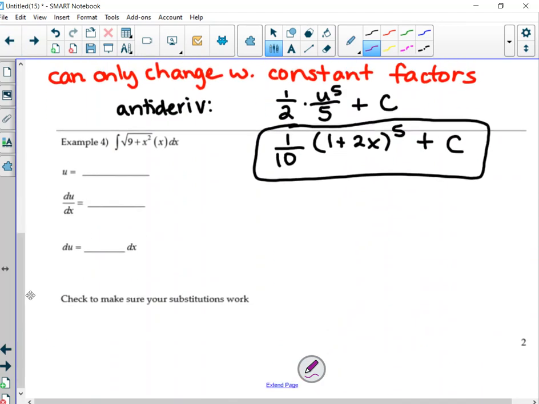It's possible to have not just the missing number, but still have a variable there. So if we look at example 4 as the last one we're going to do together, this is going to be another one where we have to throw a number in. You're getting good at that, and you're like, okay, I got you. u is 9 plus x squared.